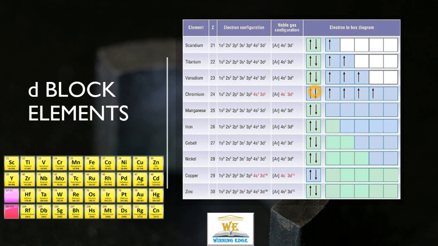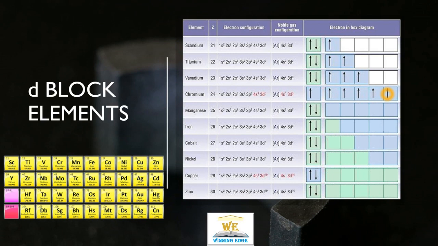But what happens? One electron from the chromium 4s orbital shifts to the 3d orbital to make it half filled. The reason is the exchange energy in the 3d orbital after filling gives greater stability, because it turns out to be a half filled electronic state, which we know has better stability.